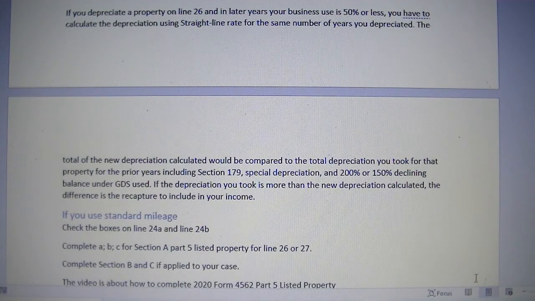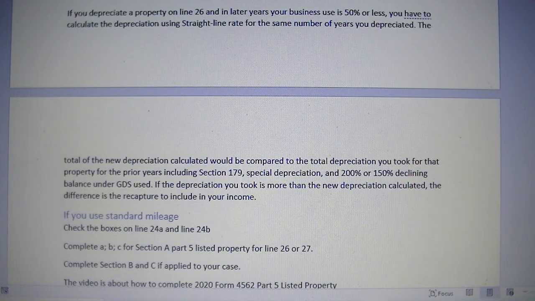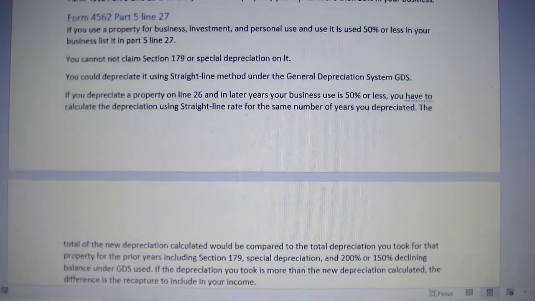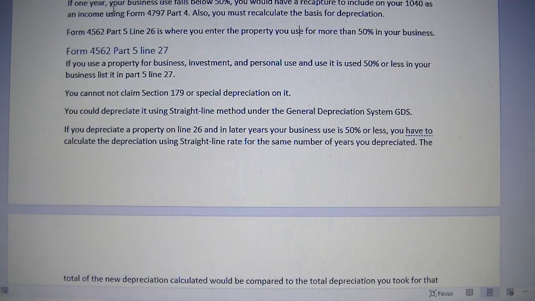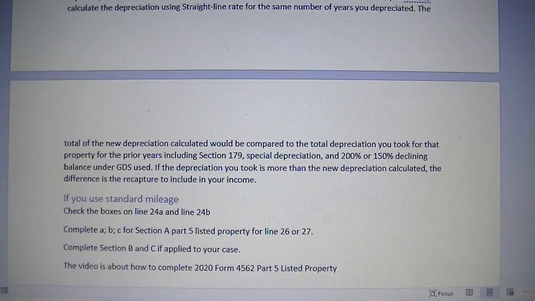So if the depreciation you took is more than the depreciation you would have taken using the straight line, the difference is a recapture. You will include that in your income, but you might be required to use Form 4797 Part 4 to calculate the recapture that will go on your business tax return as income.